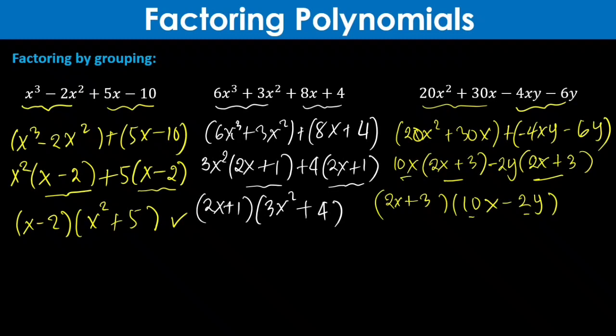So we can take it out. Here we have 2x plus 3. We factored out the 2 here, which is now this one. So this is 5x minus y. Okay, when you return it back, that's 10x minus 2y.